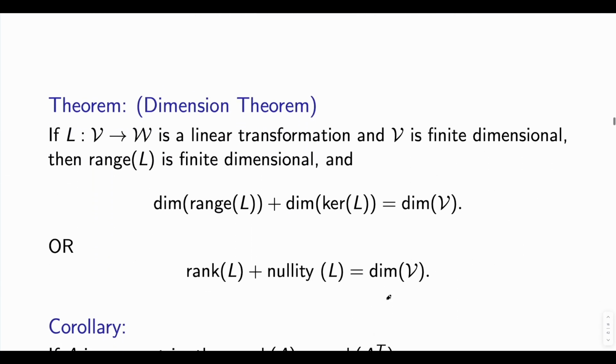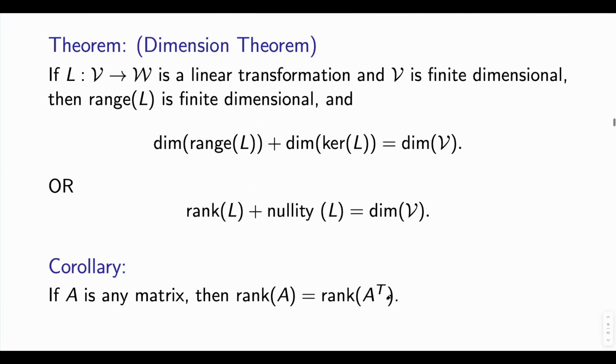Okay. So now the dimension theorem. If L is a linear transformation from V to W and V has a finite dimension, then range L is a finite dimensional vector space, right?